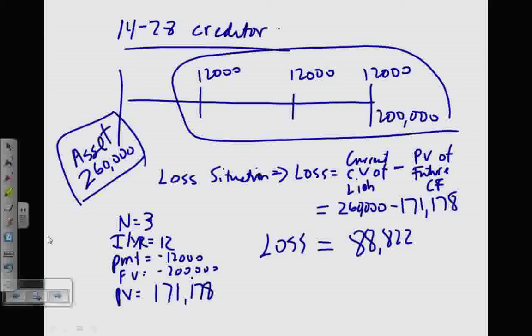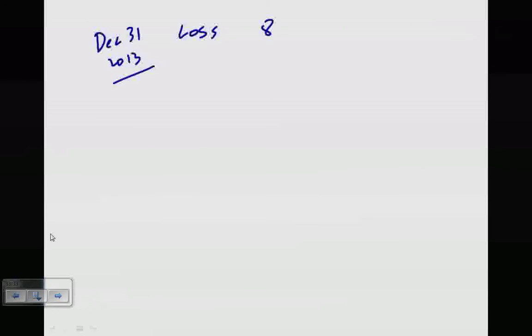And this is where it becomes a little bit trickier. Let's take a look at the debits and credits here. Let me add a blank slide. So on the date of the restructuring, December 31st, 2013, I'm going to recognize the loss. And my loss was 88,822.